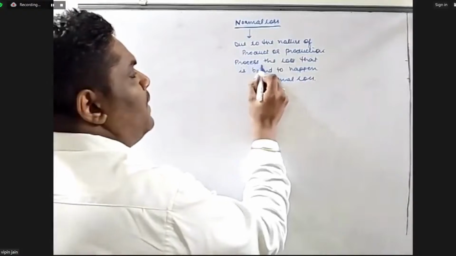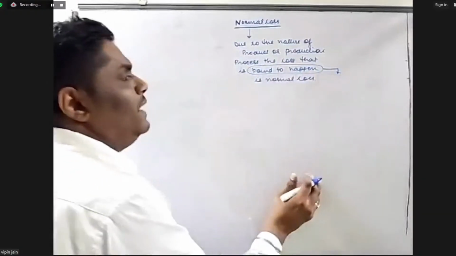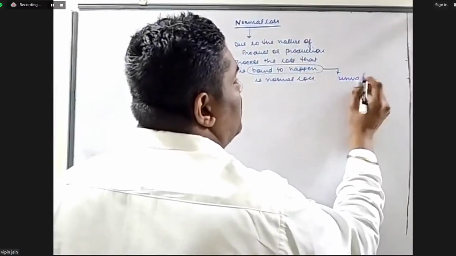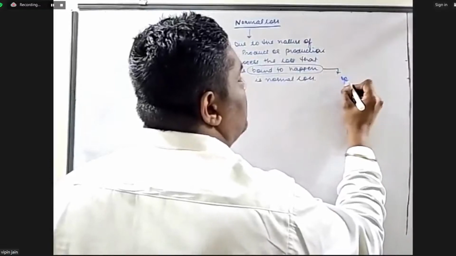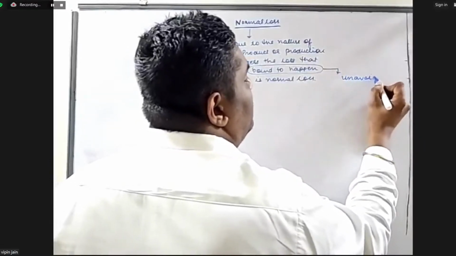When talking about this word bound to happen, it means what? This normal loss cannot be avoided. So this is what we can say, that this normal loss is unavoidable.